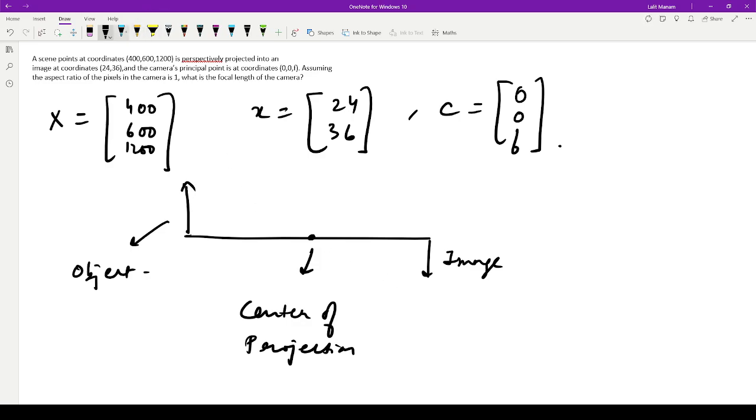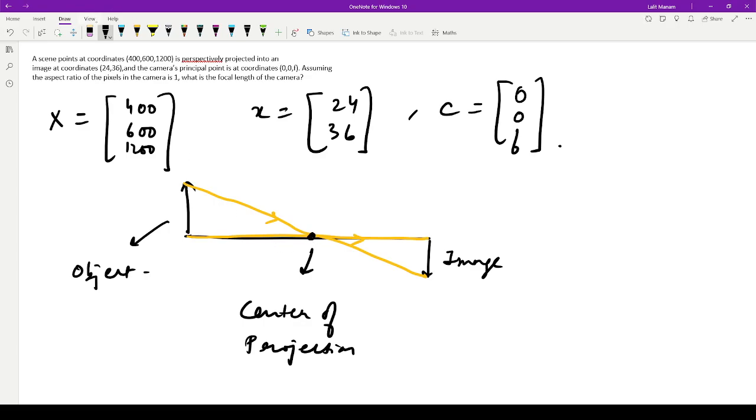So if you have this center of projection, and this is one ray which goes like this, and the other ray which goes across like this, which is a straight line.